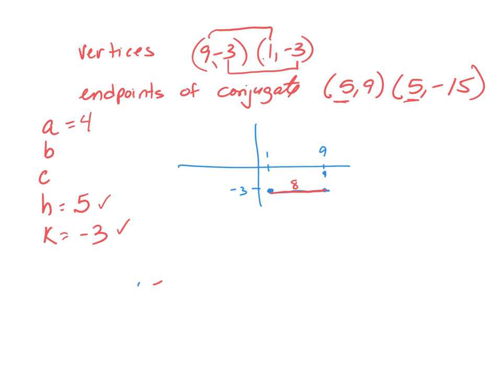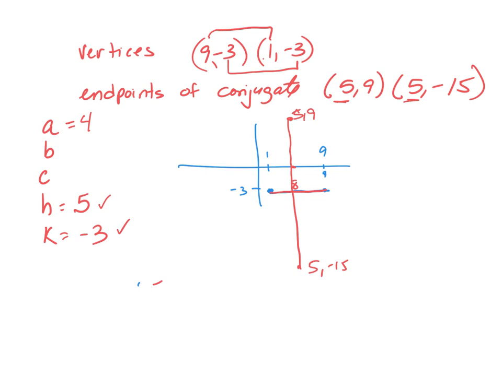Now your conjugate points are at 5, 9, and 5, -15, way down here. How far is this apart? You got 9 at the top and 15 at the bottom. So that's 24 blocks apart. Does everybody see how it's 24?